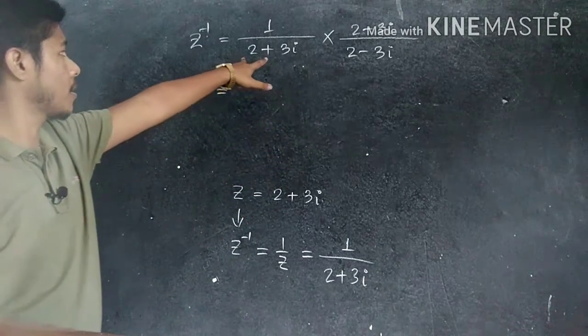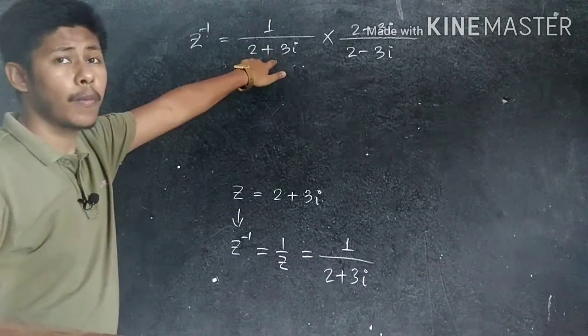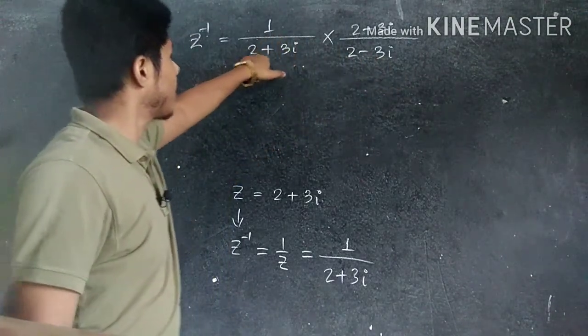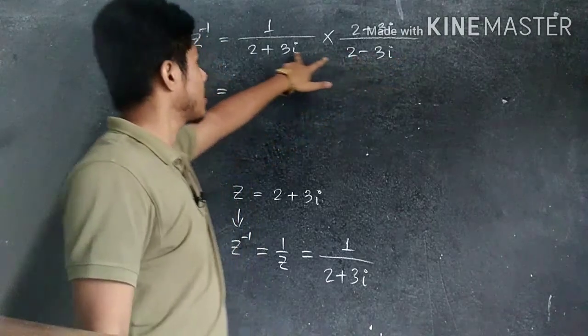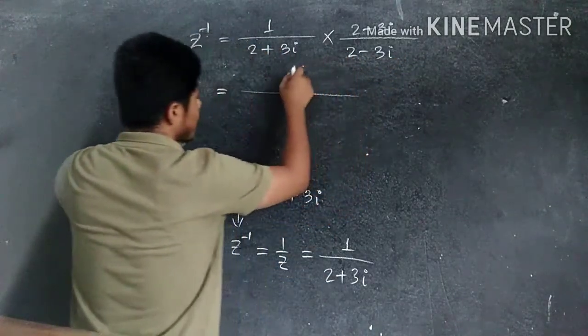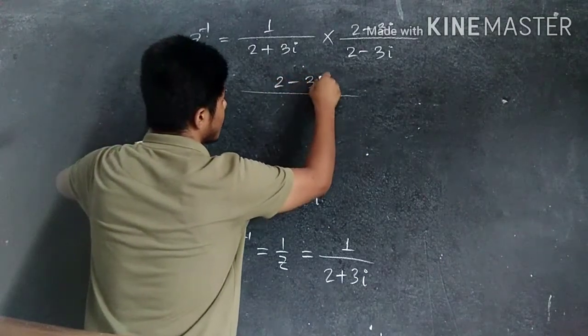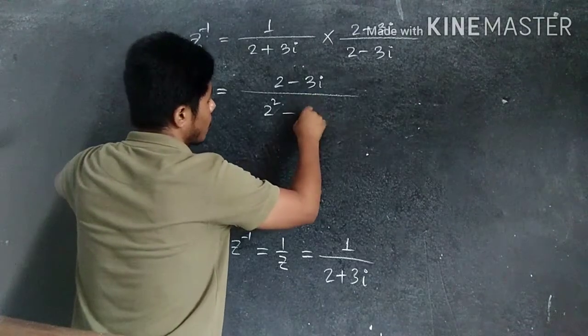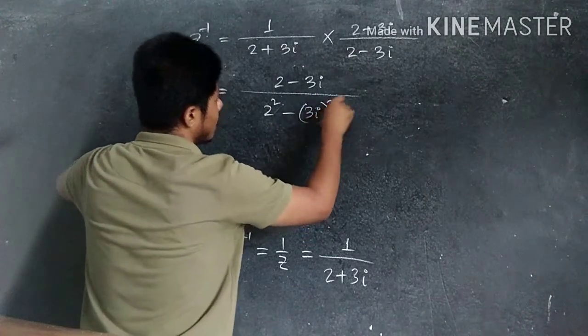Now you see, it is of the form a plus ib into a minus ib, so easily we can write the a square minus b square formula. In the numerator we get 2 minus 3i, and in the denominator a square minus b square, where b is 3i whole square.